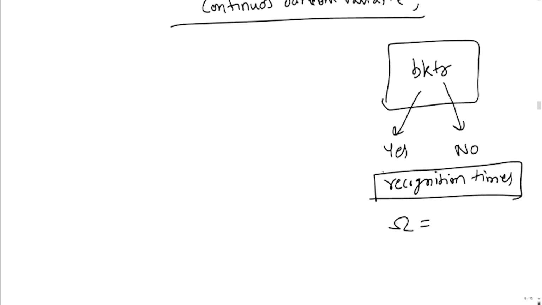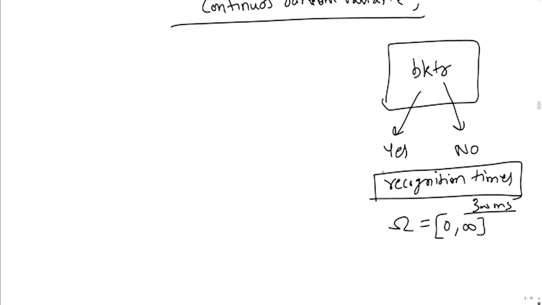Is a recognition time of 300 milliseconds a possible outcome? Yes. Is a recognition time of 255.55 milliseconds a possible outcome? Yes. In fact, you can think that it could be anywhere between 0 and infinity.